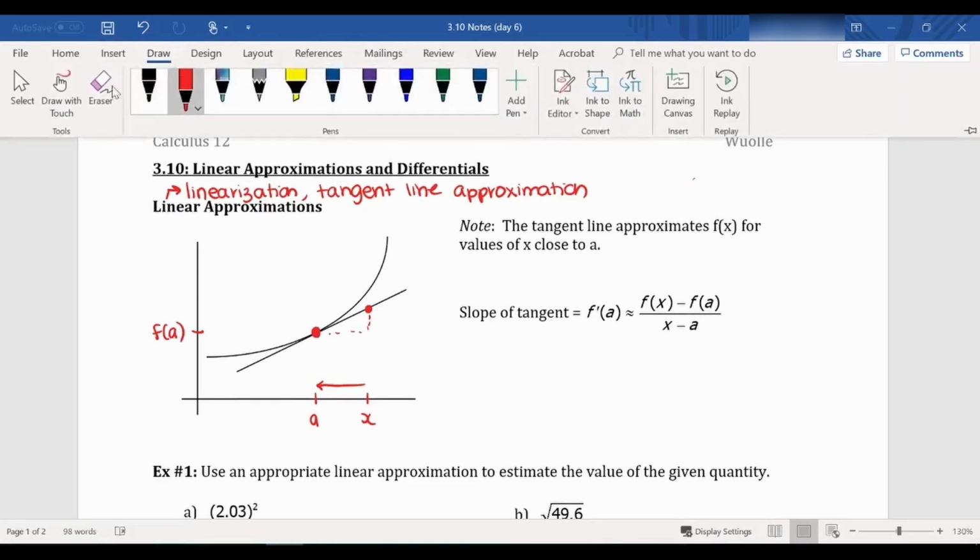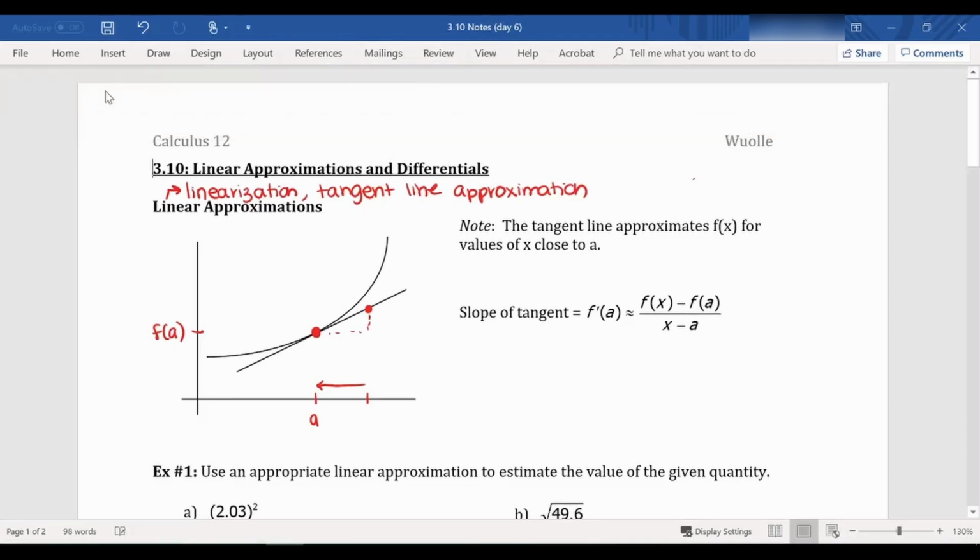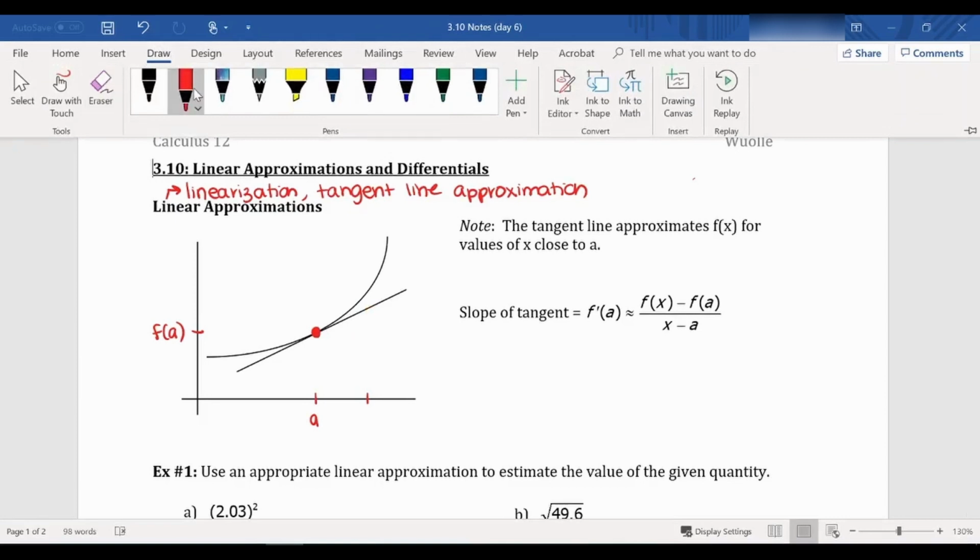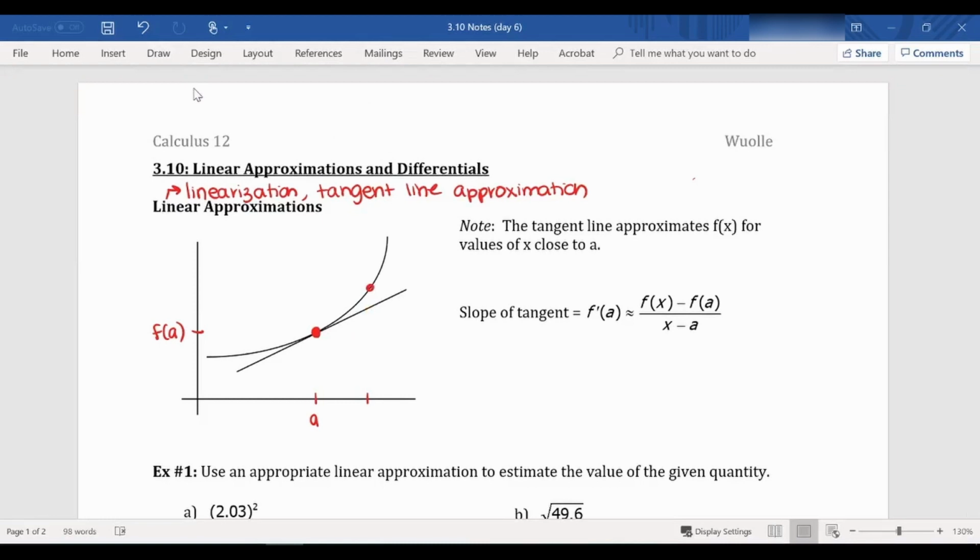Okay? Now, the problem is if we don't know the line yet, we can't draw it like that. What we would have to look at is if you had your x value on your curve, the slope between x and a, those 2 points, if I had a line going through these 2 points, this line, as I bring x closer and closer to a, would get closer and closer to overlapping the tangent line that's already drawn.